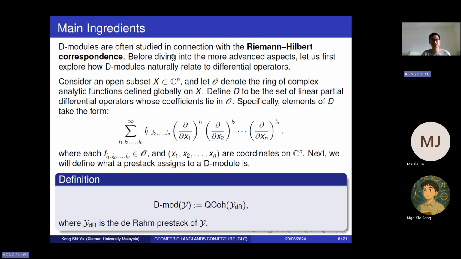D-modules are basically studied in connection with the Riemann-Hilbert correspondence, which is also used in GLC, particularly in the Betti setting. But in our case, I will only focus on the de Rham setting, so this won't be touched very frequently. You can think of a D-module as consisting of the data of a system of linear differential equations.